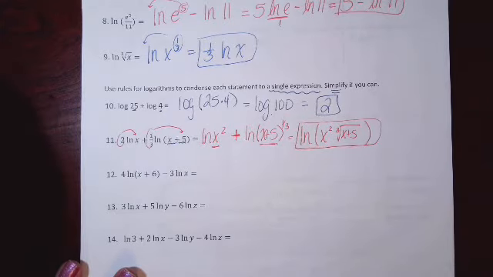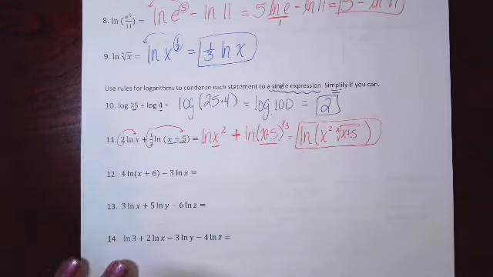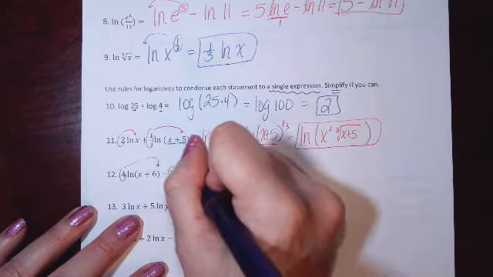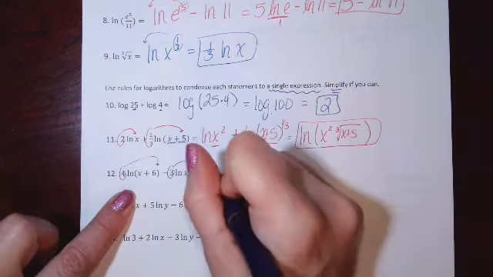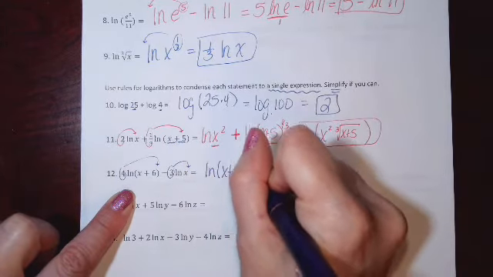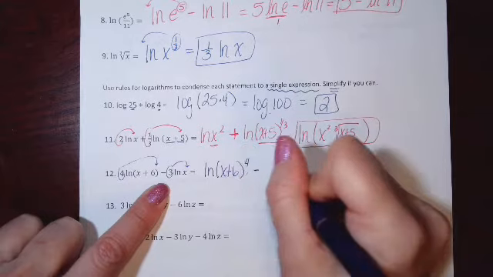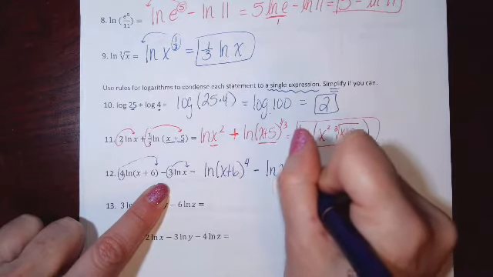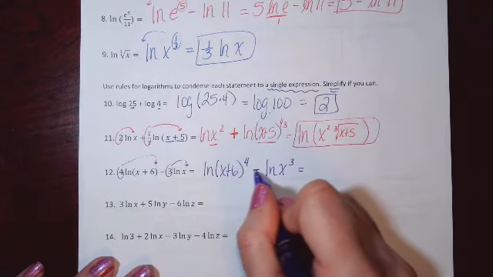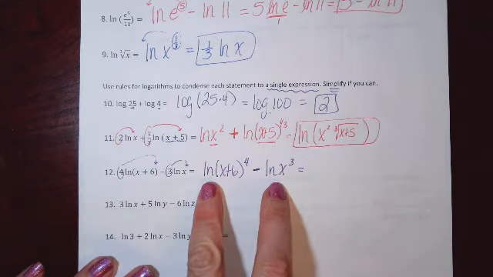Alright. On the next one, we're going to start with our power rule, work our way backwards. We have natural log of (x plus 6) to the 4th power minus natural log of x cubed. Now I'm subtracting the two log statements with the same base.